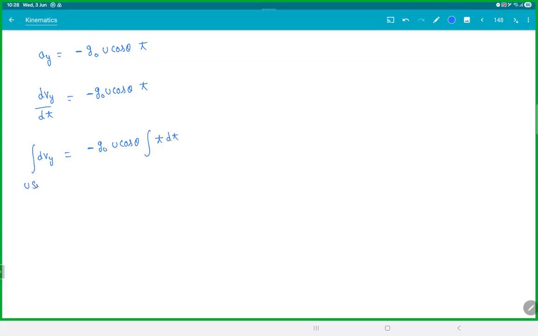Initial speed is u sin theta upward. This is Vy and time will be from 0 to t. This will give you Vy is equal to u sin theta minus g naught u cos theta t square by 2. This is your velocity as a function of time t.